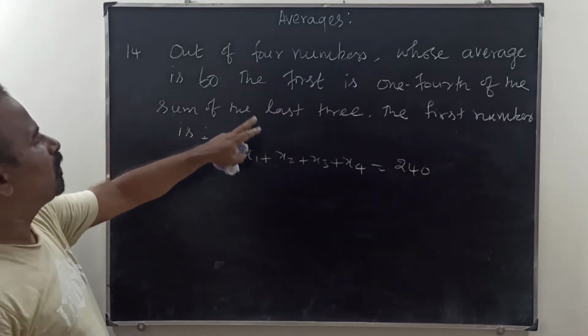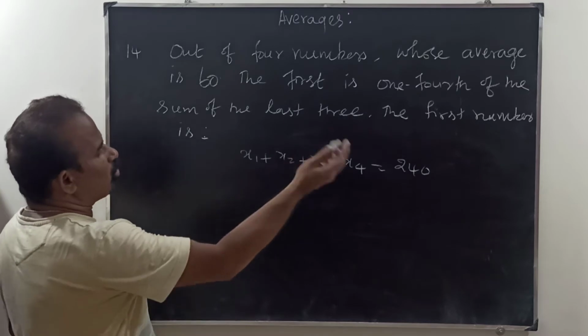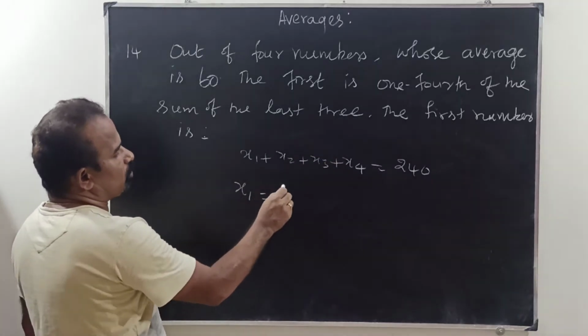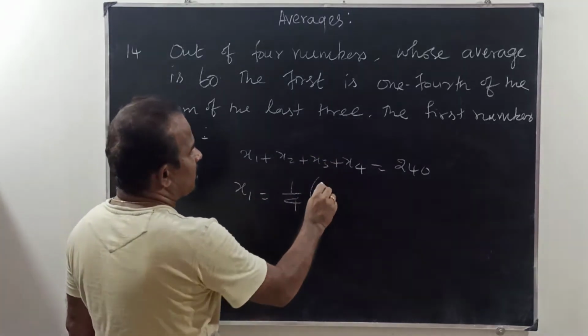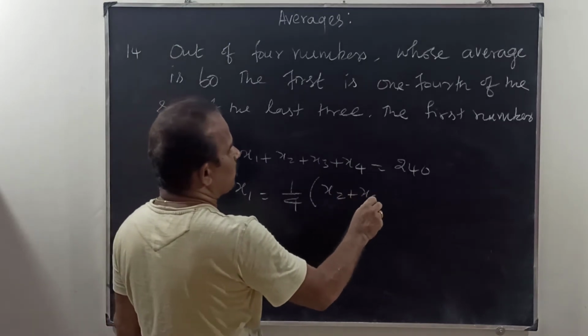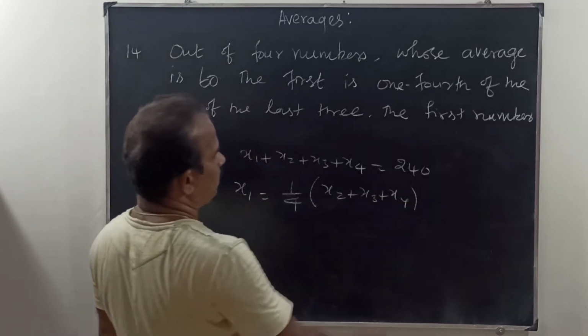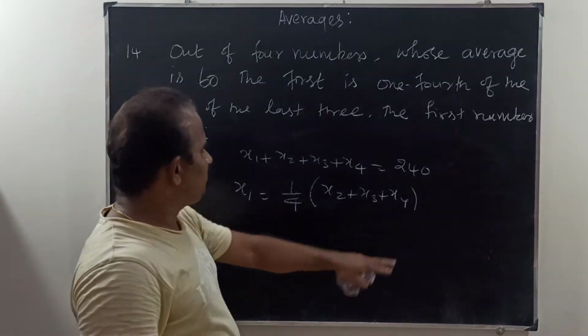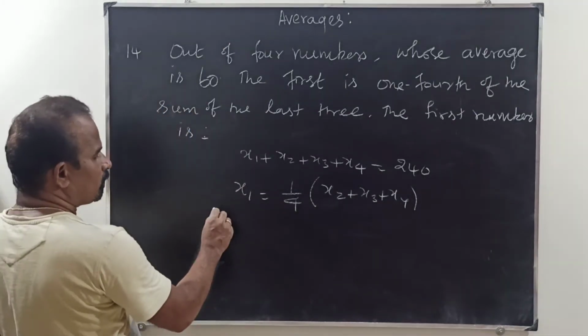Now the first is 1/4 of the sum of the last 3: x1 is equal to 1/4 of x2 plus x3 plus x4. Therefore x2 plus x3 plus x4 is equal to 4x1.